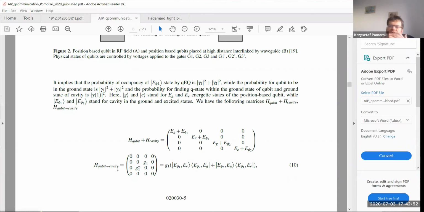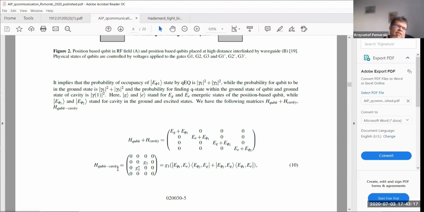What turns out is that the entanglement that might take place in the given system is only generated by this qubit-cavity term. So you need to be able to increase the strength of interaction of the resonant cavity with a qubit.